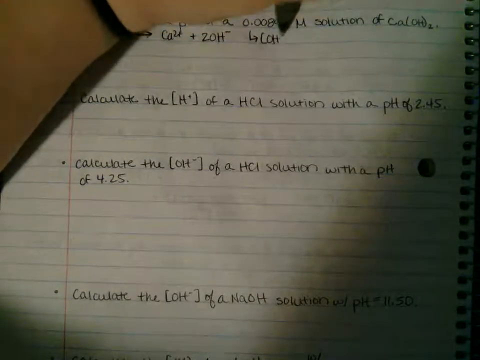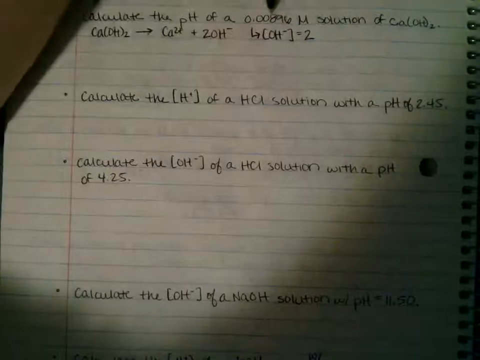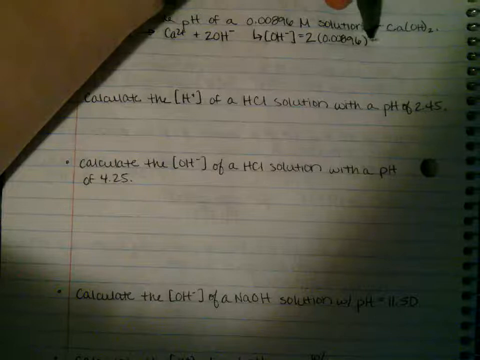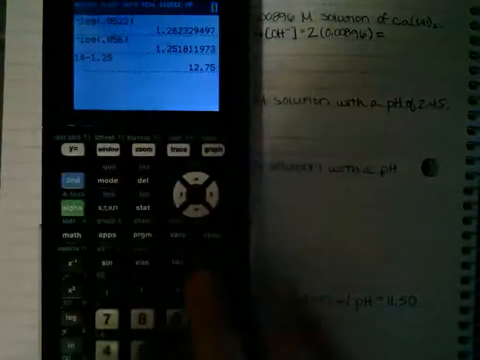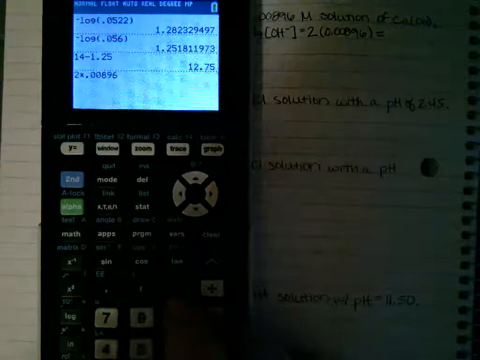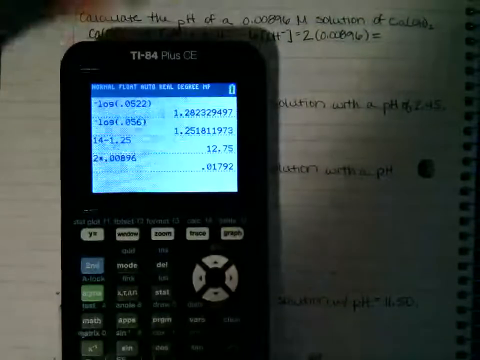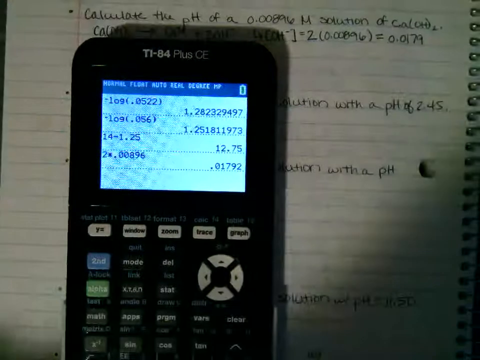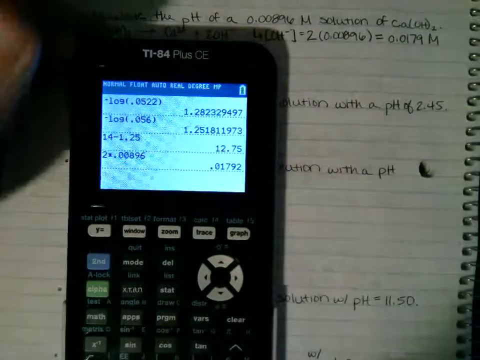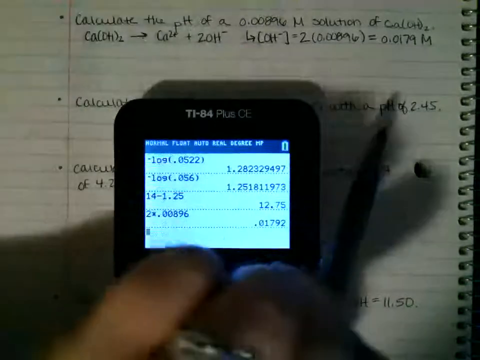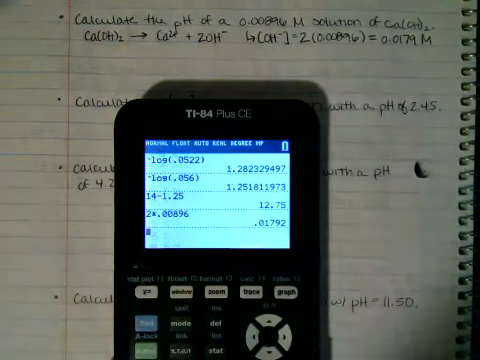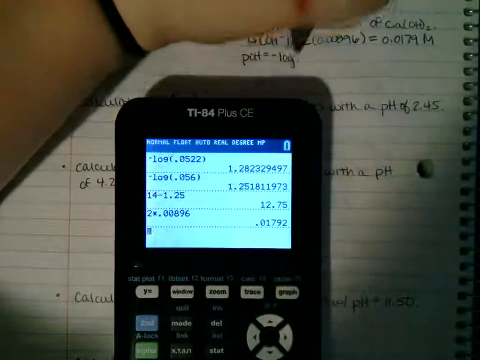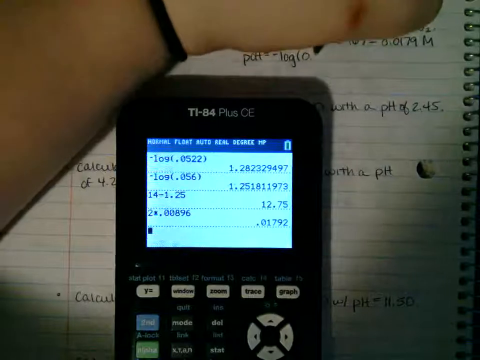So our hydroxide ion concentration would be twice this concentration. We'll round it off to 3 sig figs. So that's our hydroxide ion concentration. From there, we could find the pOH. It's going to be the negative log of that hydroxide ion concentration.